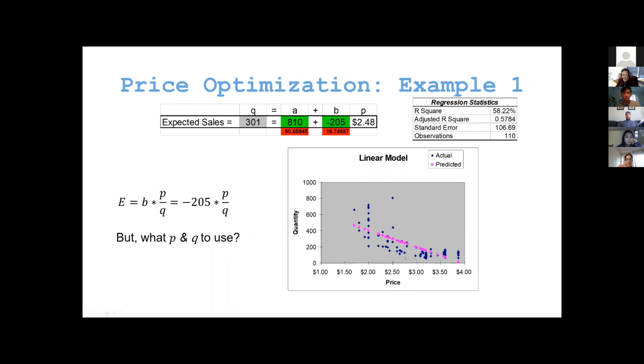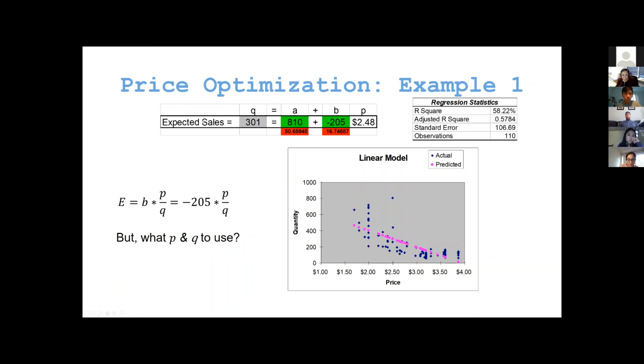But say you wanted to run a regression on it anyway. So you ran a regression in Excel and did a fit plot. The pink squares represent the fit plot, its best estimate of a regression line. And you got an R squared of 50%, which is not bad, and an adjusted R squared of 0.57, also not bad.